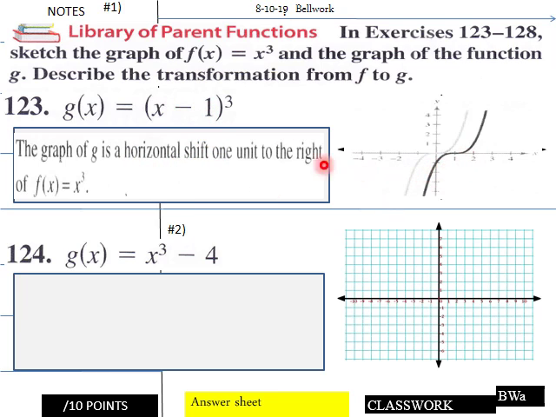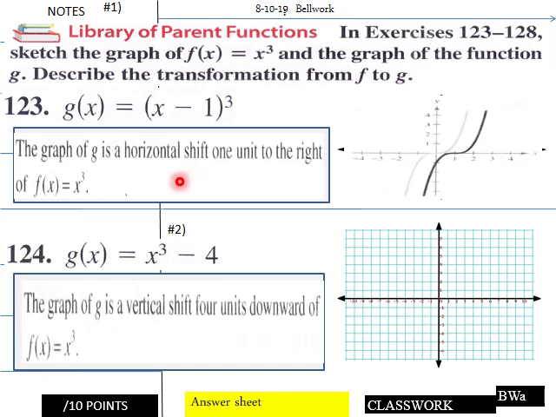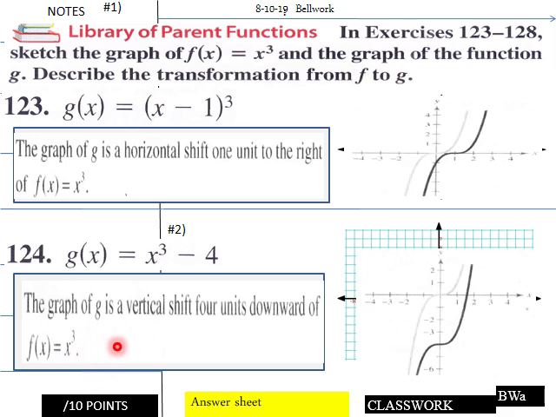That will be your graph there. This will be an acceptable explanation for that. And then for 124, the graph of g is a vertical shift 4 units downward of f of x equals x cubed. And this would be your shift here from up here, your parent function there.